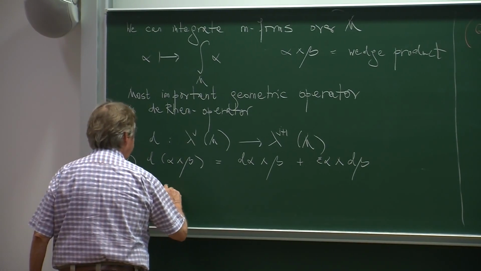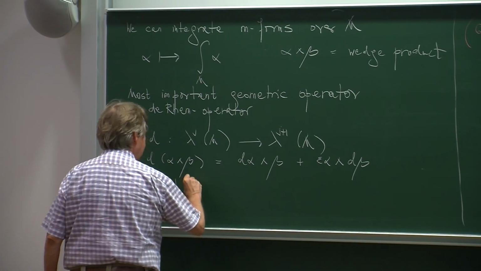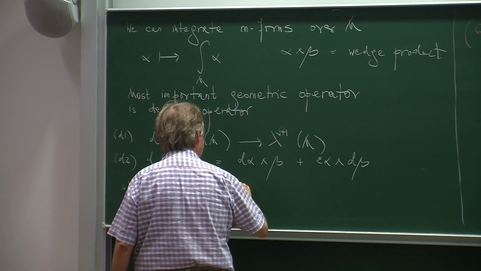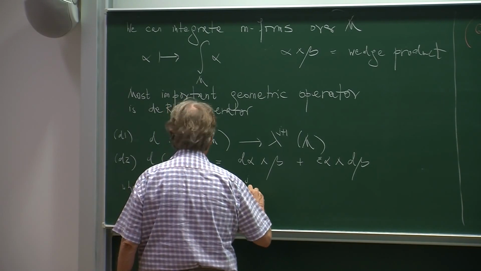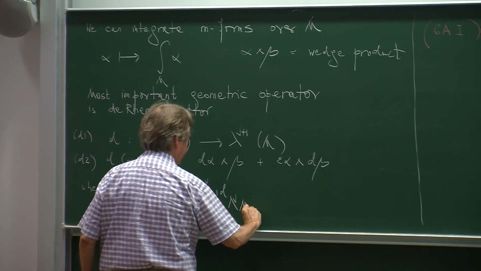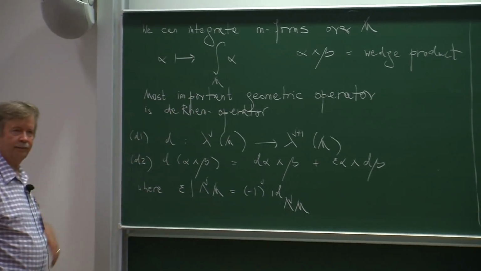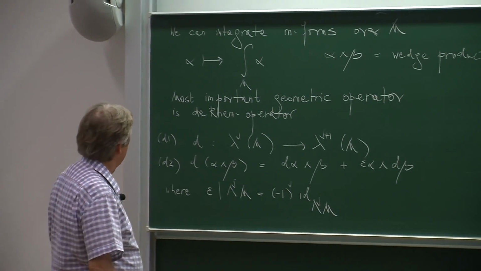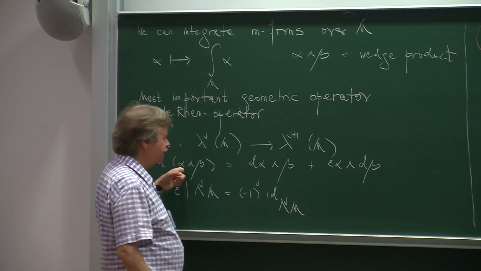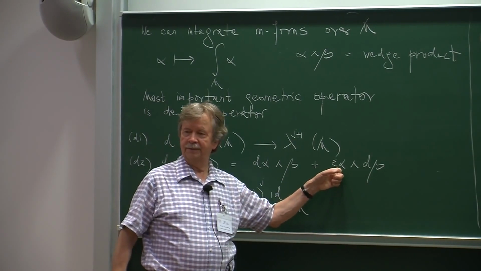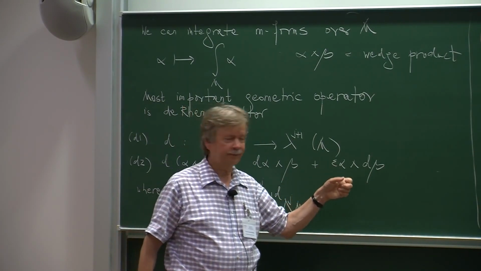This is an endomorphism, and if I restrict it to lambda j of m, it's minus 1 to the j times the identity of lambda j of m. So this is fiber-wise, and it's a smooth endomorphism, of course. So if this is a j form, all you have to do is minus 1 to the j here. That's clear.